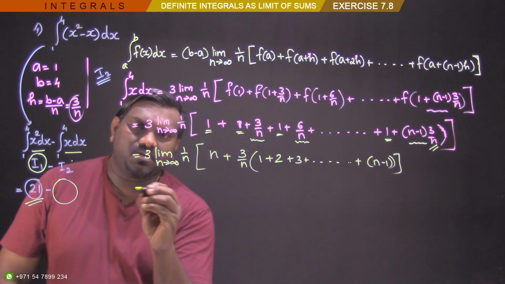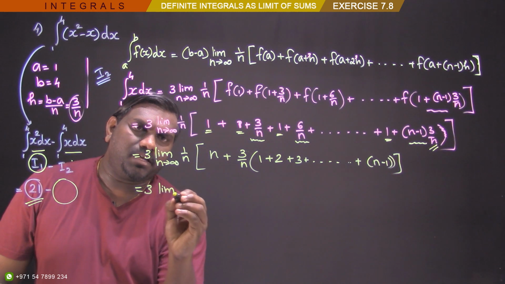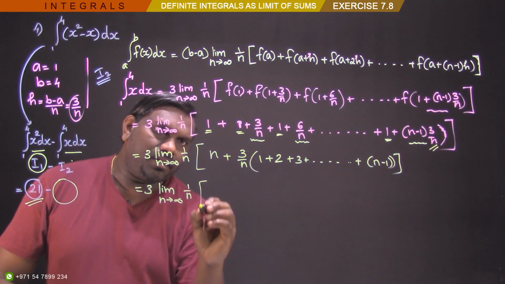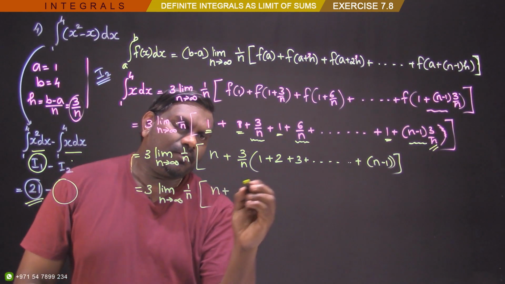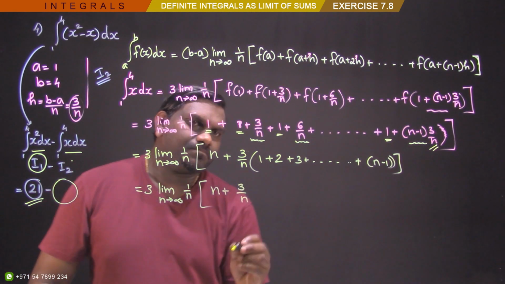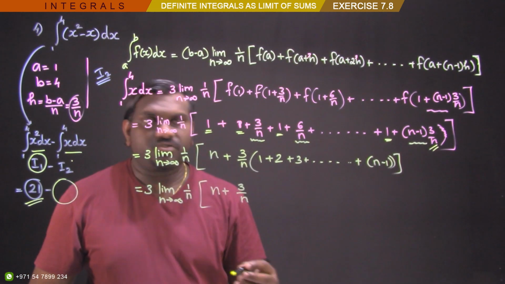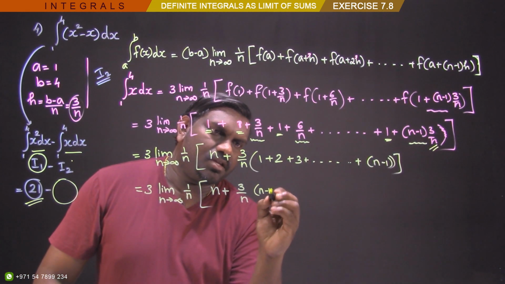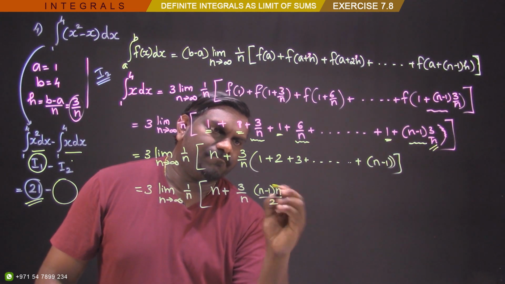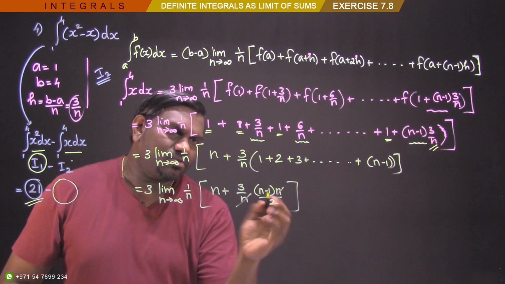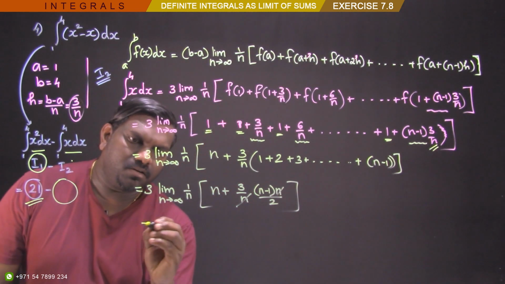Fine. So let's go ahead and write 3, limit n tending to infinity, 1 by n, and I would take n and 3 by n. What is the formula here for these natural numbers? Sum of the first n minus 1 natural numbers is n minus 1 into n by 2. And this n and n get cancelled.